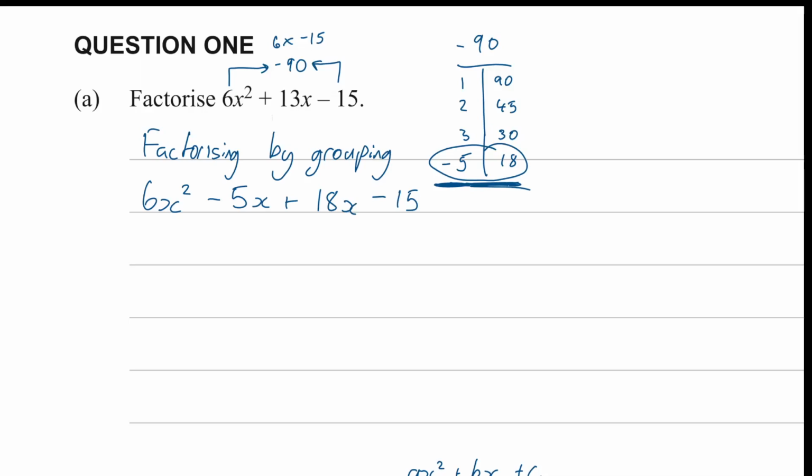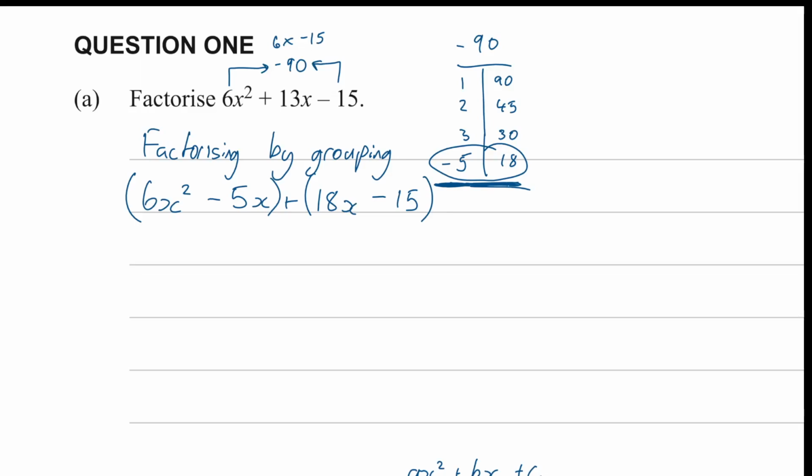Now, the next step is zooming in on the first two and the last two terms and factorizing them separately. Looking at 6x squared minus 5x, let's look for the highest common factor. Between 6 and 5, there is none, it's just 1.